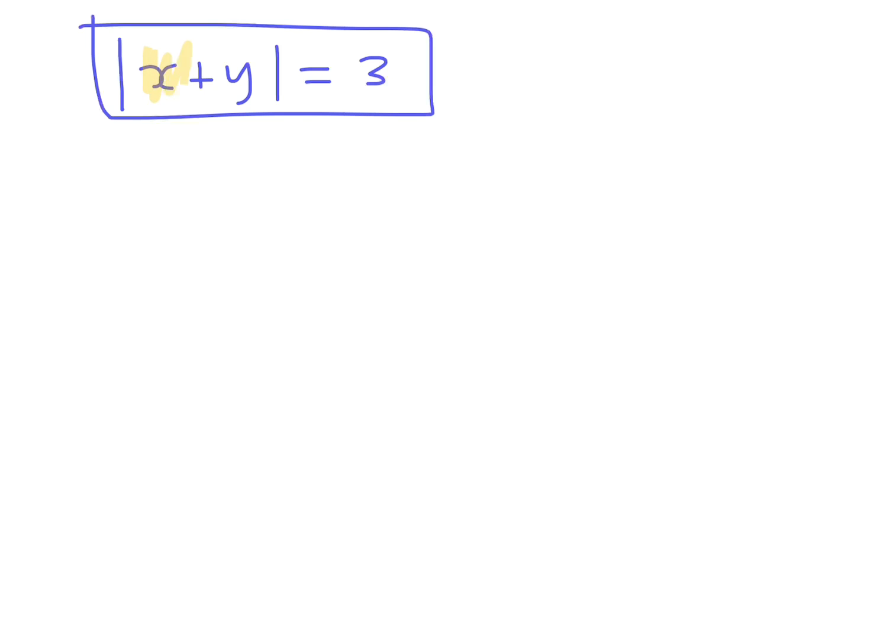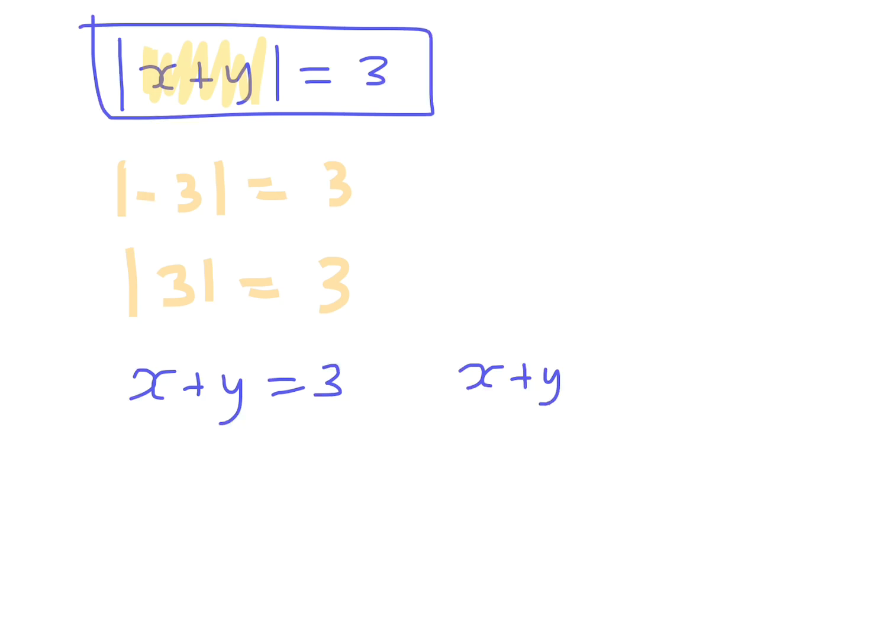So this part here could be a +3 or a -3, because when you absolute value -3, you get 3, and when you absolute value 3, you get 3 as well. So it could be either one of those. That means that x plus y could have equaled 3 and x plus y could have equaled -3. So you just make it plus or minus.